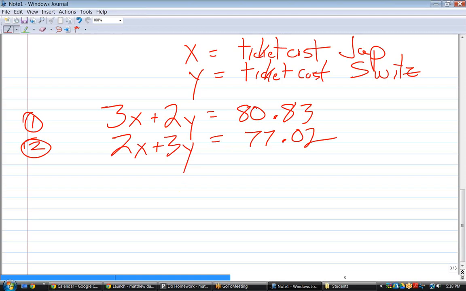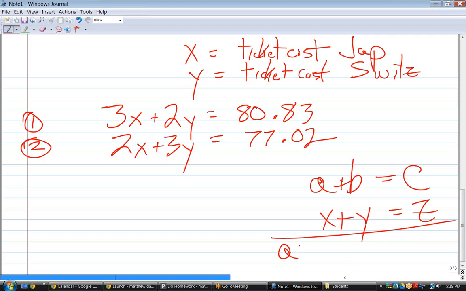Now, I can still solve these by elimination. It's just that I can't get a variable to go away immediately by adding or subtracting them. You're also allowed to subtract equations. If I have a plus b equals c, and a second equation, x plus y equals z, I can subtract those: a plus b minus x plus y equals c minus z.